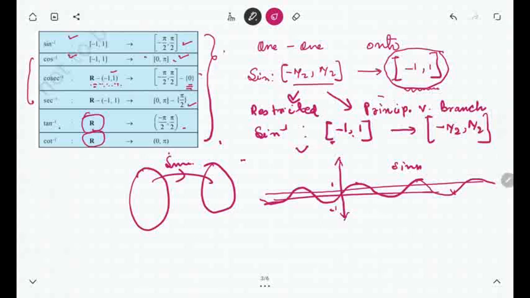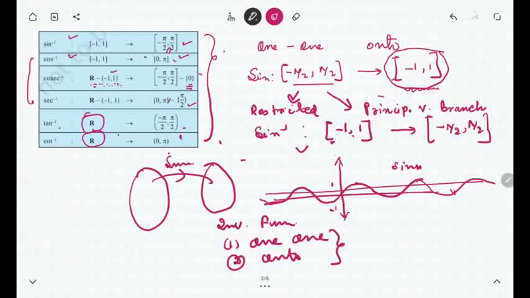So to define the inverse function, it is necessary that the trigonometric function has to be one-one and onto. These two things are very important. So we have all these domains and codomains.